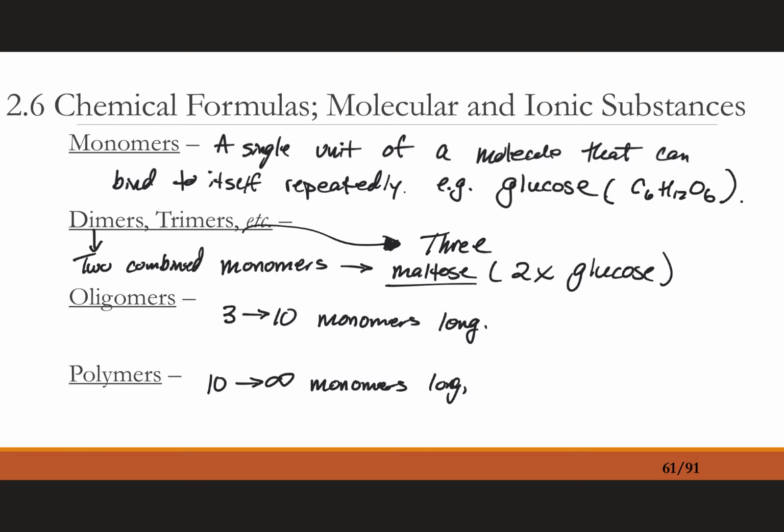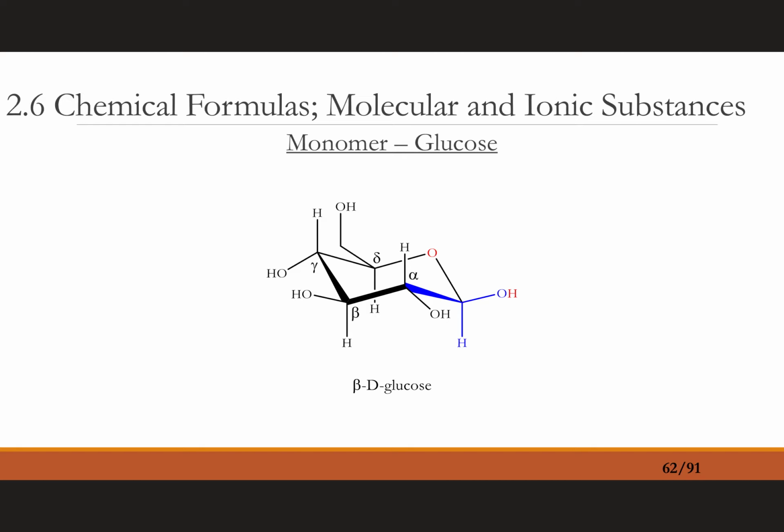Again, I'm going to give you the example here of cellulose, which is a polymer of glucose. Glycogen is another polymer of glucose, and starch is another polymer of glucose, but cellulose is the most abundant carbohydrate that exists in nature. So here's the monomeric unit of glucose, the way it would look in space.